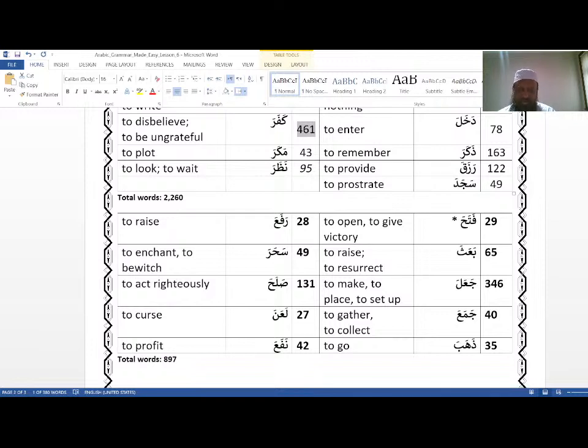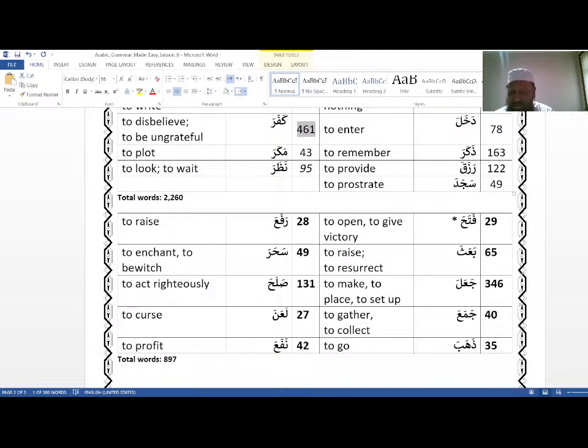There's a surah by this verb, Surah Al-Fath, victory. The surah starts, Inna fatahna laka fathan mubina. So fatahna, jama mutakallim, is used here. Fatahna, we gave you victory.